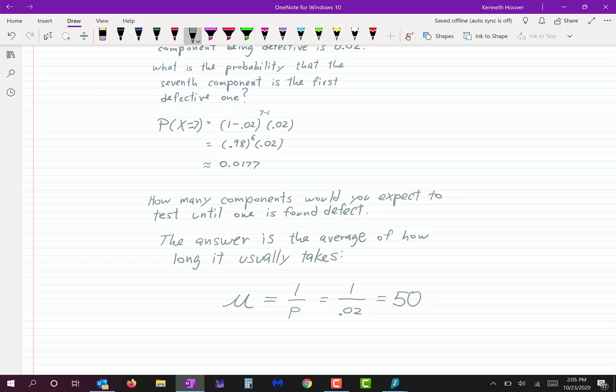So on average, if there is a 0.02 probability of a component being defective, then you would expect, on average, to test 50 components before you found a defective one. Okay?